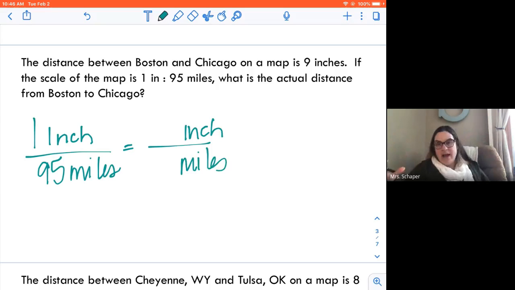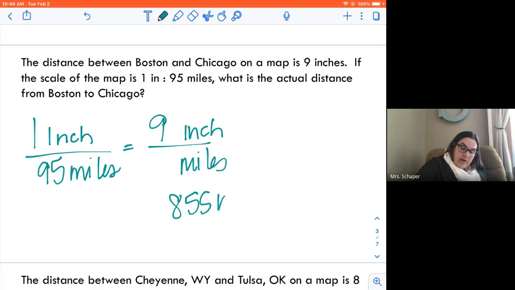I don't have to have all 4 being the same unit. So if it's 9 inches, now I have a proportion. I'm going to take 9 times 95. So it's going to be 855 miles from Boston to Chi-Town.